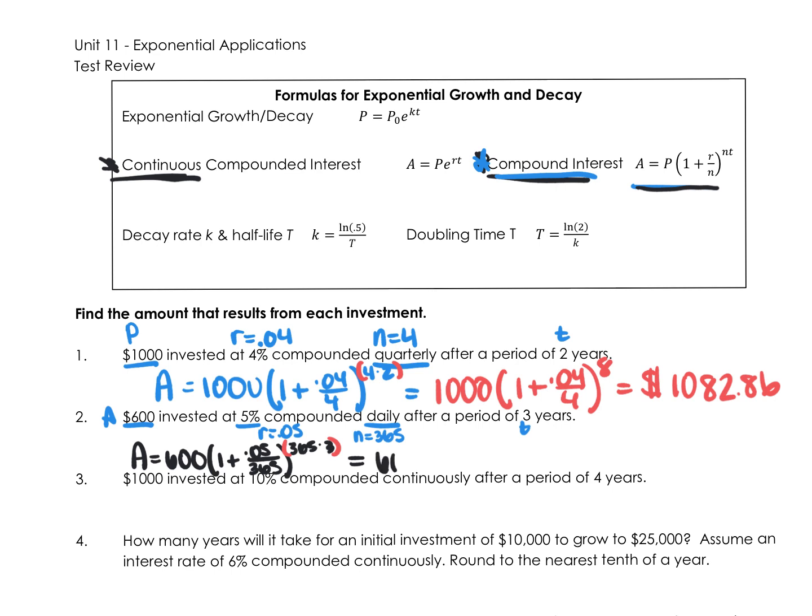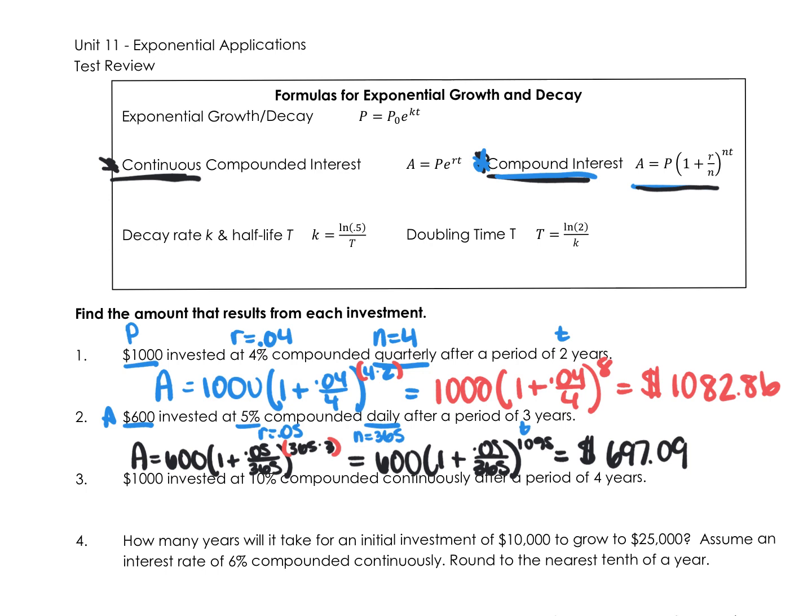So you should type in 600, 1 plus 0.05 divided by 365. And then if you do multiply these together, you'll have 1,095. And if you type that into your calculator, you should get $697.09.